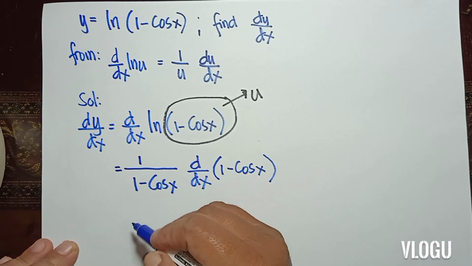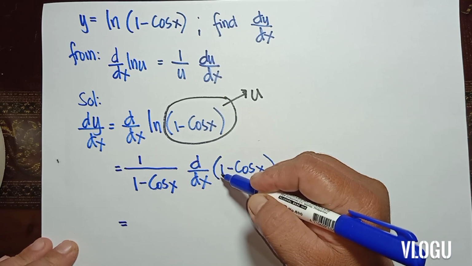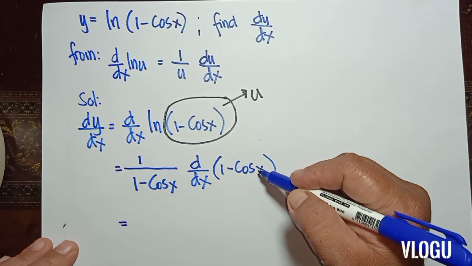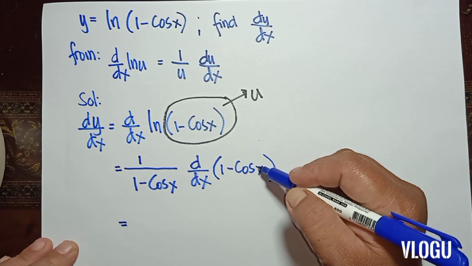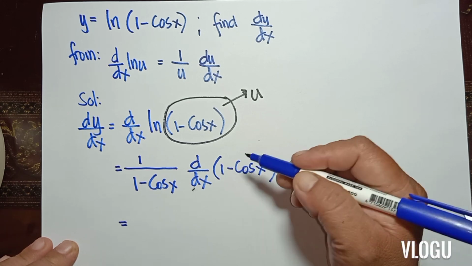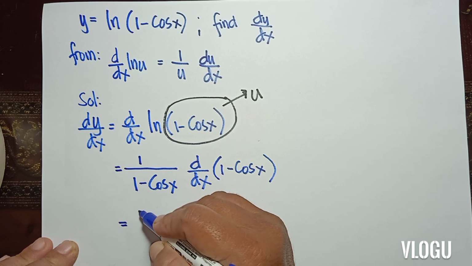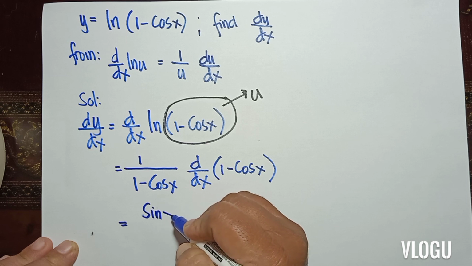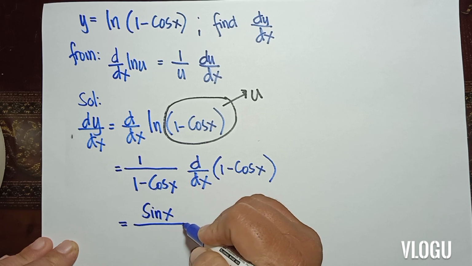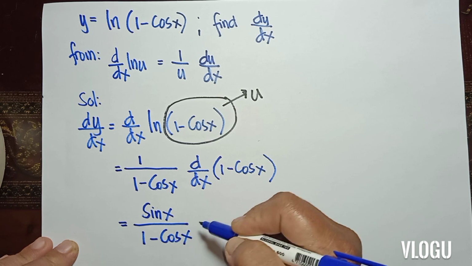The derivative of 1 is 0. The derivative of cosine is negative sine, but then we have a negative here. So therefore, we have positive sine x over 1 minus cosine x.